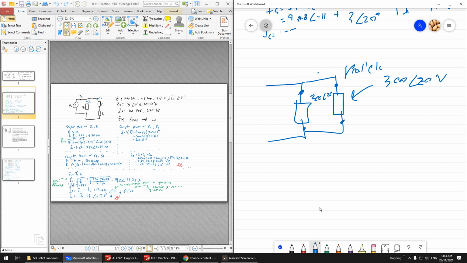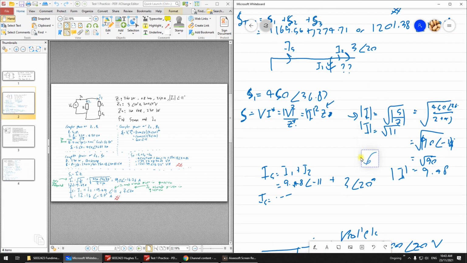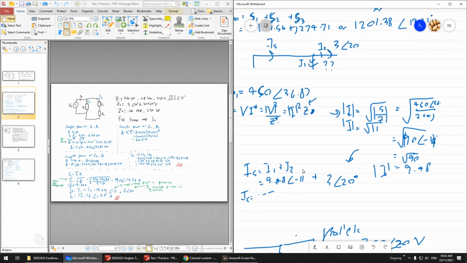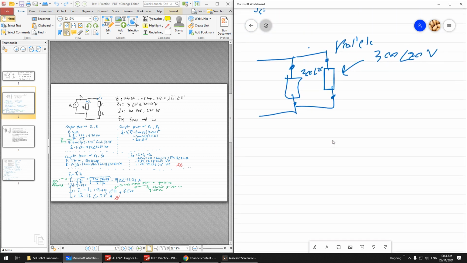Make sure you know, this one is also the same, but for this case it is in series. This one is in series because they give the current, you already know the current for Z2 and Z3. Make sure you know how to manipulate this.